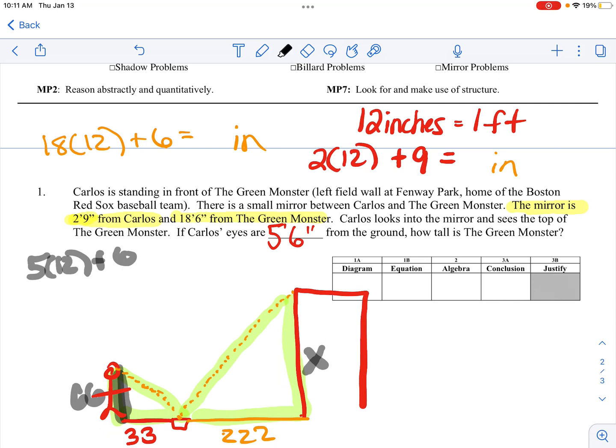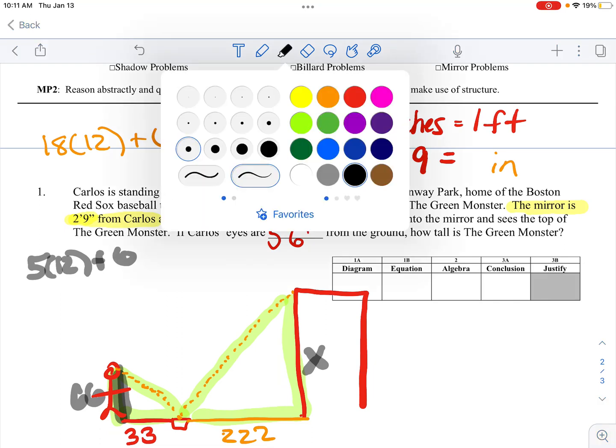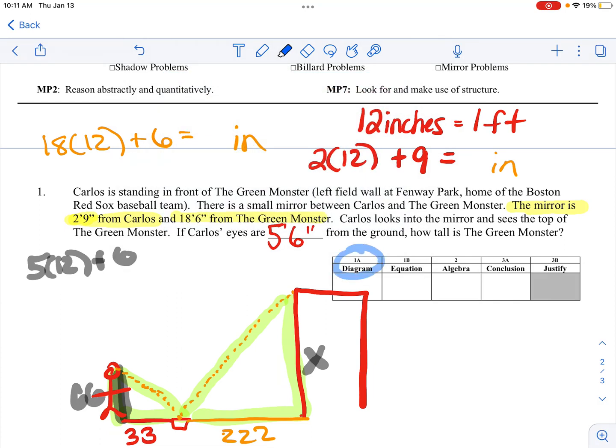All right, here we go. The first thing I need to do, no, it is not to just set up ratios. The first thing you need to do is label your diagram and find the similar triangles. So here we go. I know that when I build a building, it is perpendicular, and I'm going to go with Carlos standing perpendicular to the ground. There is one pair of congruent angles. Also, I can say that these two angles are congruent.